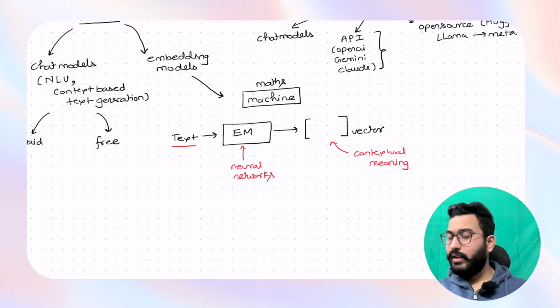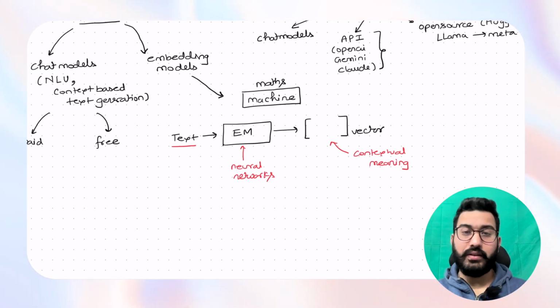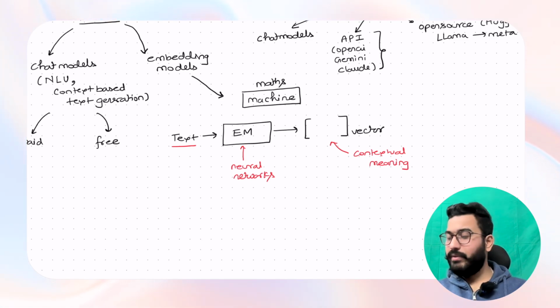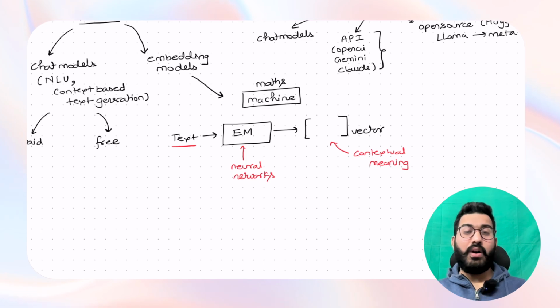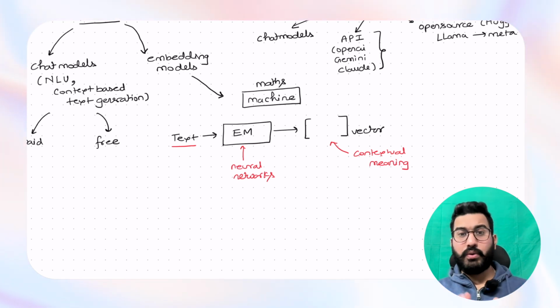Why is this useful? Because now you can convert your documents, your data, your text into these numerical vectors, and then you can perform a variety of operations, like finding a similar document using semantic search. You can also provide this to your LLM to generate more documents for you.